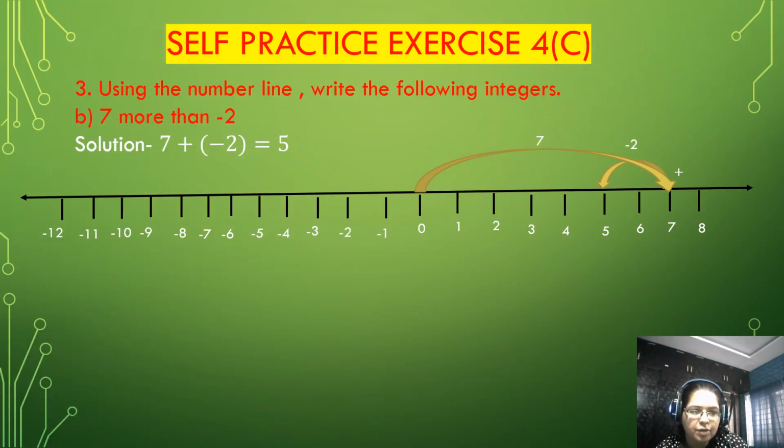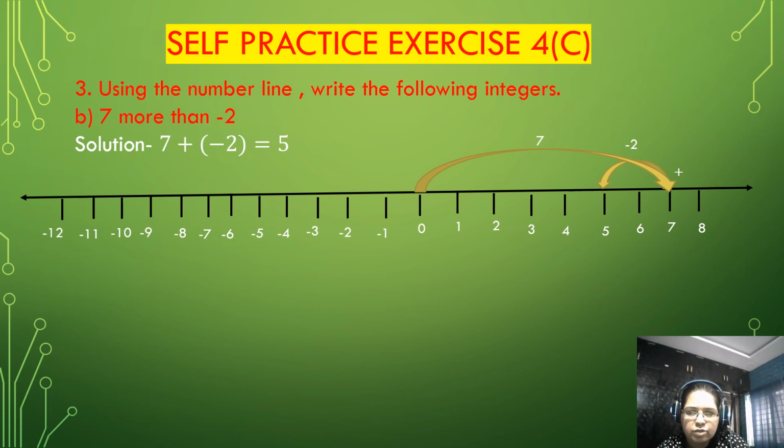Now second part B, 7 more than minus 2. 7 is a positive integer, so starting from 0 the number goes to the right hand side with 7 places, and distance from 0 to 7 is 7. Now the number is at 7. More than means plus, so from 7 we go to the left hand side because it is minus 2, a negative integer.